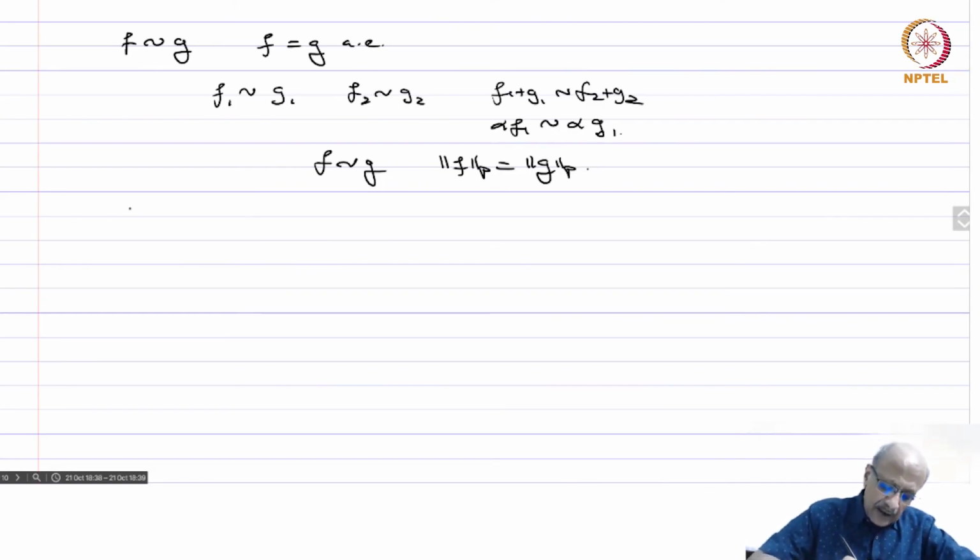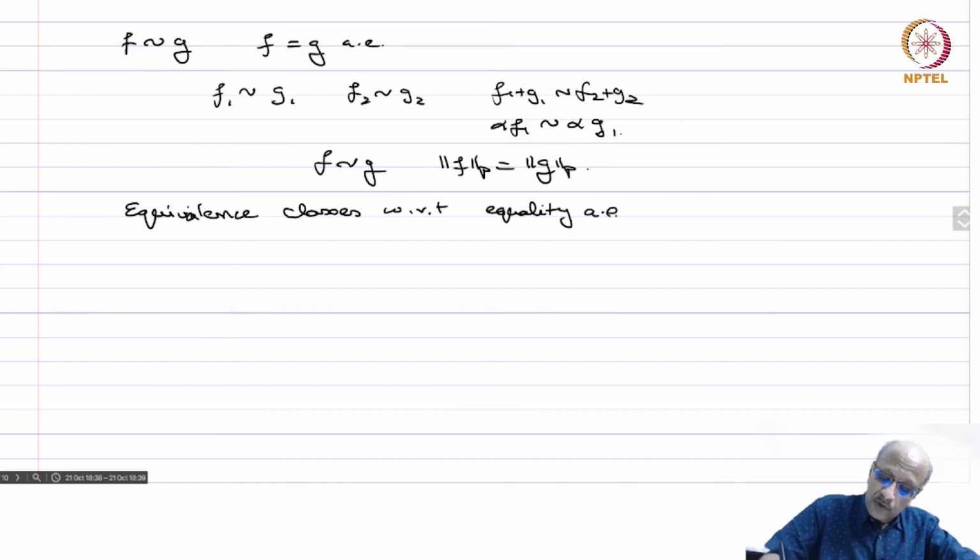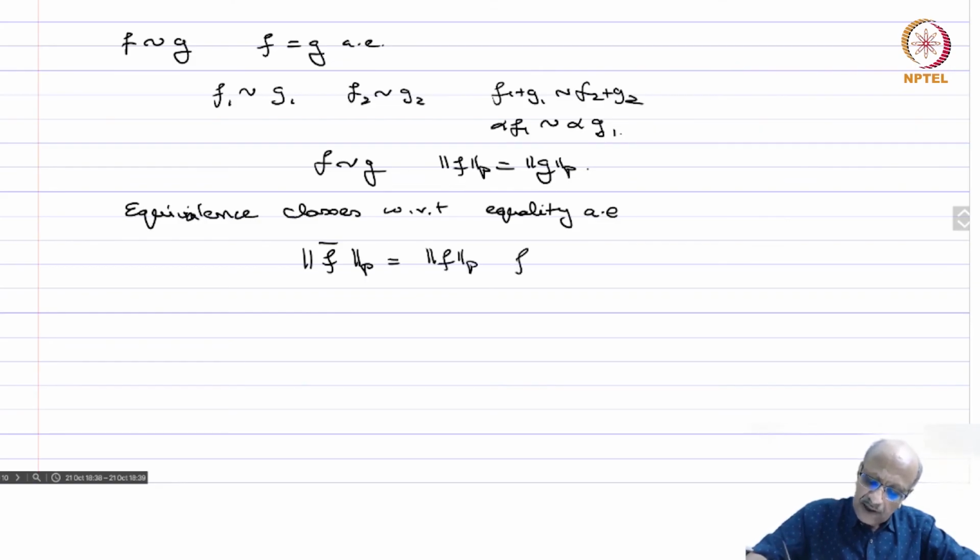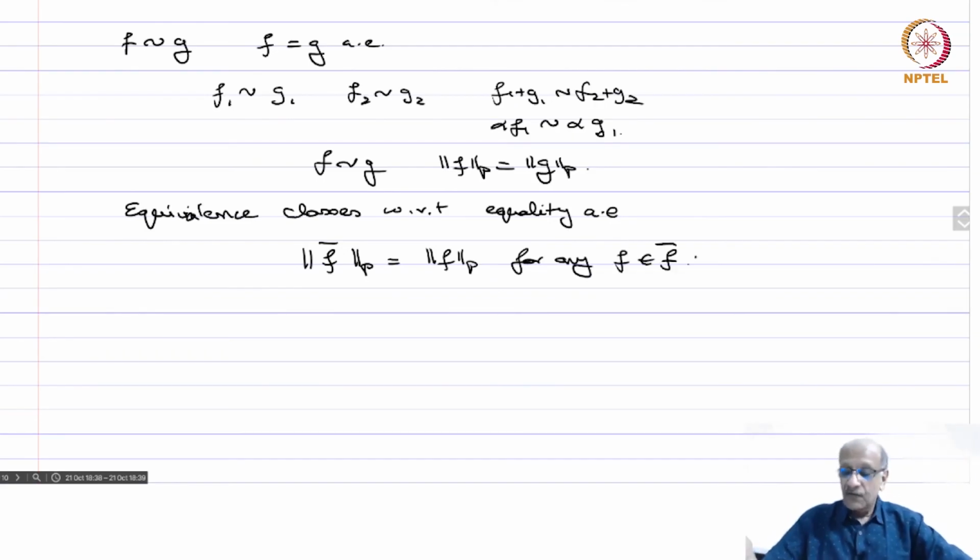Therefore, take equivalence classes with respect to equality almost everywhere. This relation tilde is equality almost everywhere. With respect to this relation, you take the equivalence classes and define the norm of f bar, p, as norm f_p for any f belonging to the equivalence class f bar.